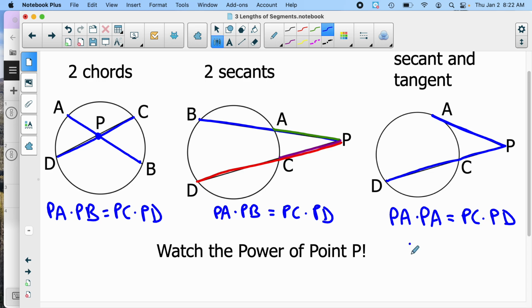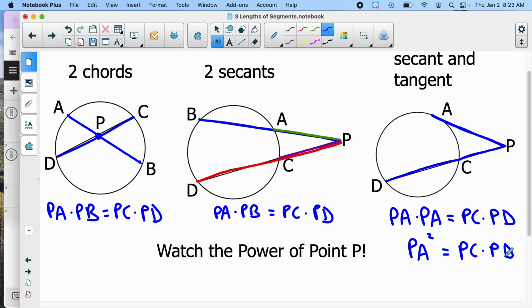And I'm going to simplify this a little bit and say if you square that tangent length, it equals PC times PD. So again, pause the video, take a moment, write this down, draw some pictures. This is the rule. It's the power of point P, that the product of the lengths of the segments from point P is a constant value. It's the same no matter what. So that's why we can make equations out of it.